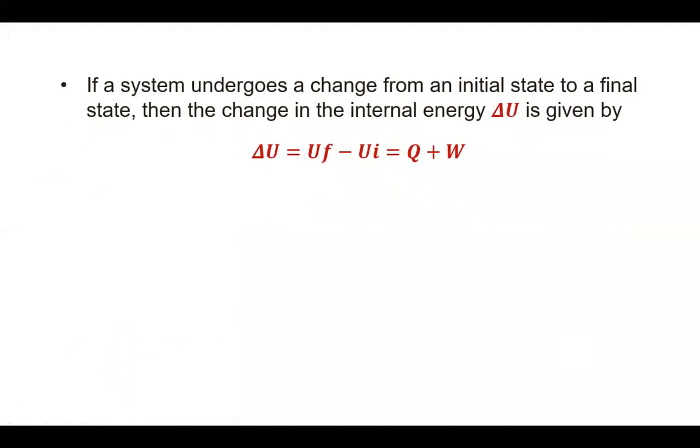So if a system undergoes a change from an initial state to the final state, then the change in the internal energy is given by the formula below. So I've explained this.